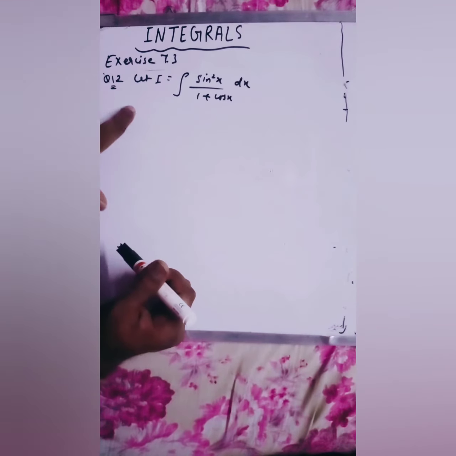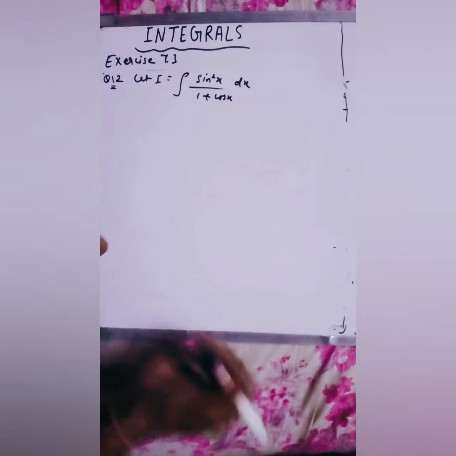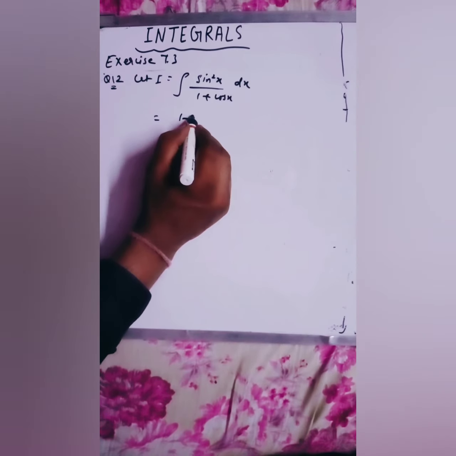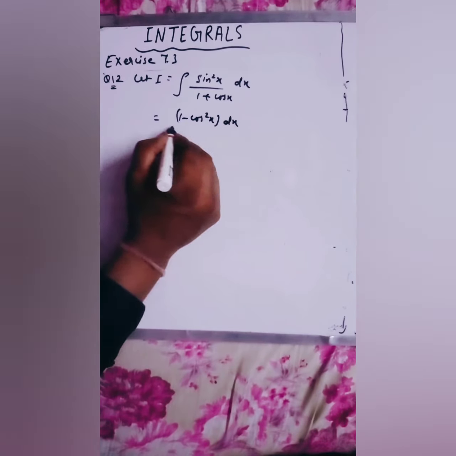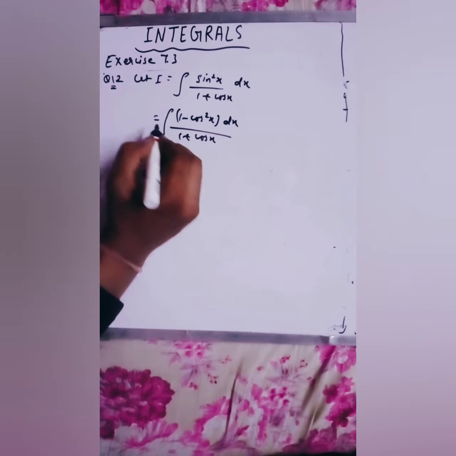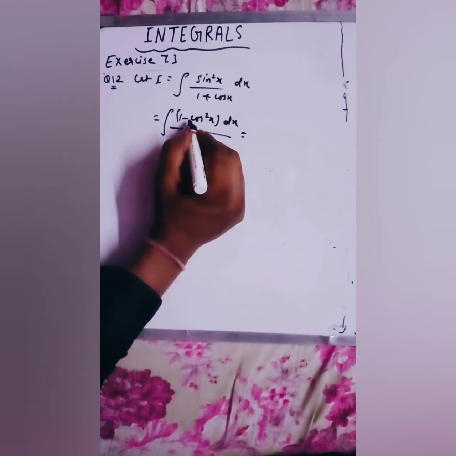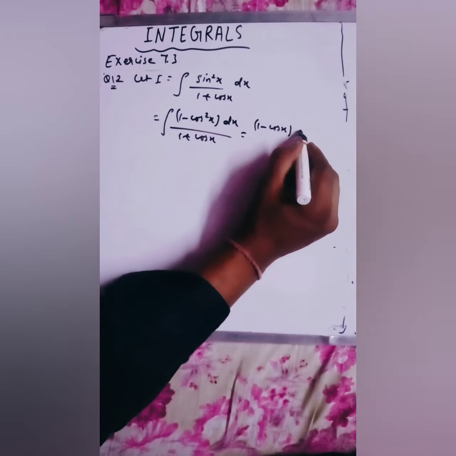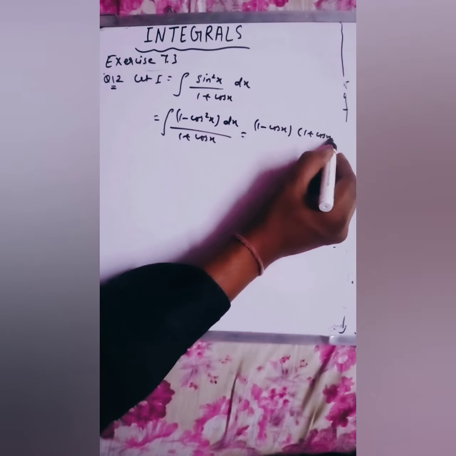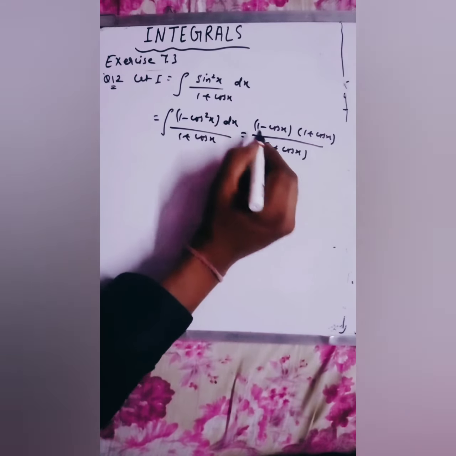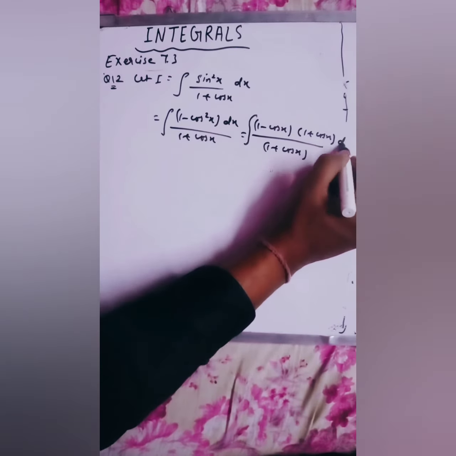Now I'm solving question number 12. In question number 12, we can write this sine square x as 1 minus cos square x. Now you can break this like (1 minus cos x) and (1 plus cos x) over (1 plus cos x) with integration sign into dx.